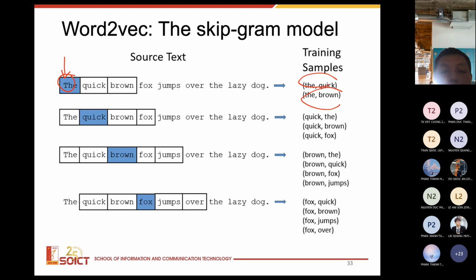If we input "quick", we want to predict "the", "brown" and "fox". This is our training example: the input and the true label, for every word. So it is easy to construct the training data for this word2vec model. There is no labeling at all, because we can generate a lot of word pairs, input word and predicted word.